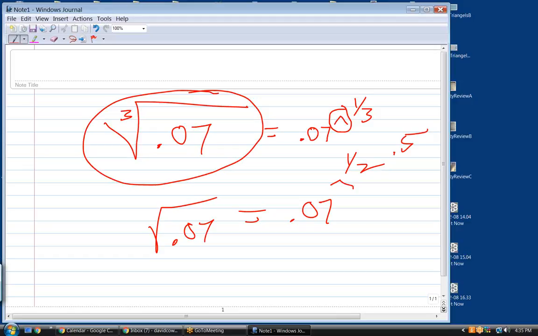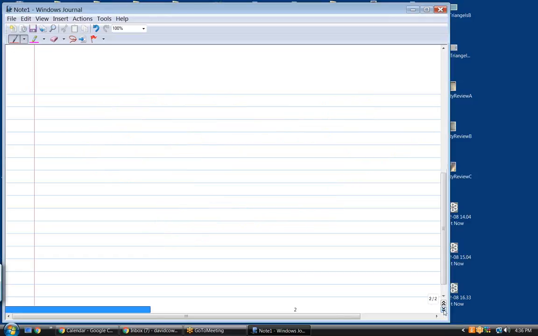If you hit that, that will square 0.07. But if you hit the blue key of that key, it will take the square root. But to me, it's almost easier to just use this arrow every time you're trying to raise any number to an exponent. Okay.